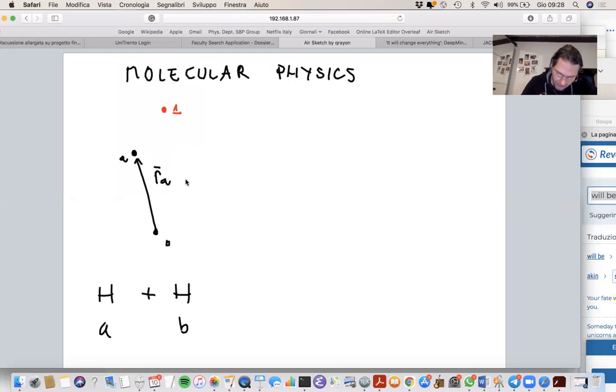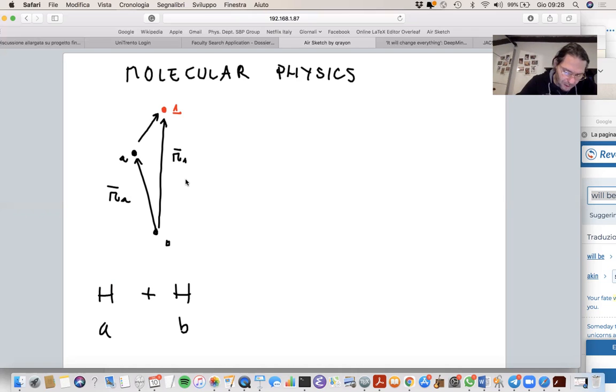Let me draw it. Let's say it's RA, and I'm going to draw R1. But we are interested in particular in this distance, the distance of the first electron from the center of the proton of the A atom.